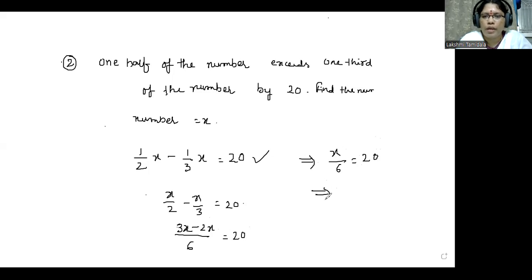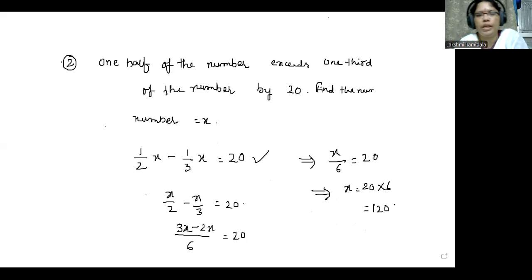This implies here 6 is getting divided. So if we take this 6 from this side to this side, it is getting multiplied there. This is equal to 20 times 6, which is equal to 120. This is the number. Now you can check it. Okay. So 1/2 of the number is 60 and 1/3 of this number is 40. 60 minus 40 is equal to 20.